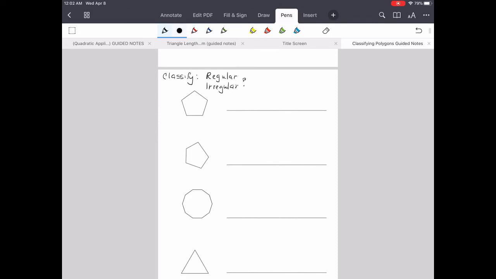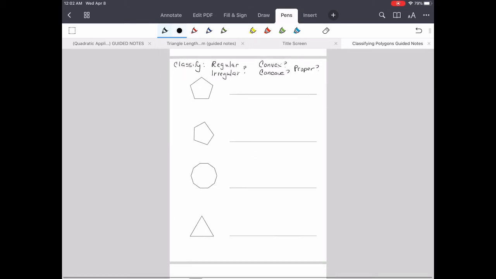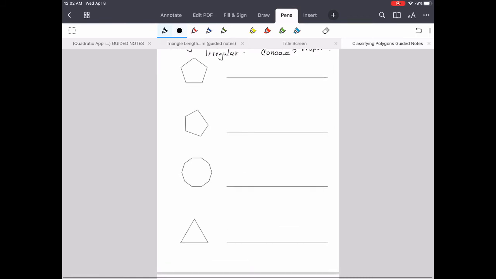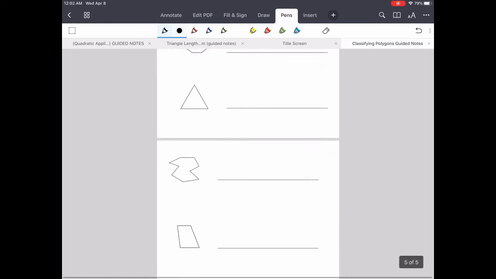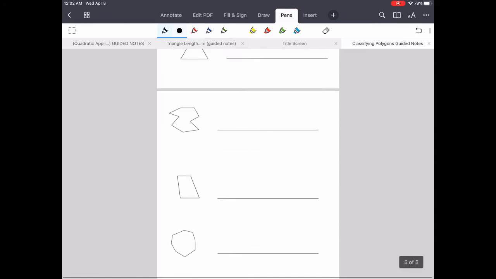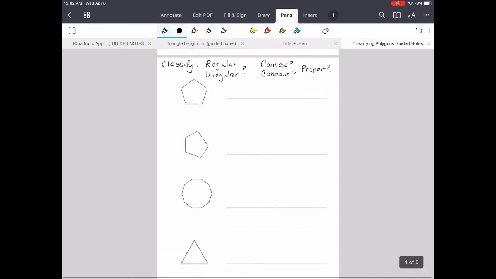Another thing you can also put in there, is it convex? Is it concave? And then give the proper name. What is the actual name of it? This is a good point where you can pause the video and go through these, count the number of sides and try to figure out what it is, and see if your answers match up with mine.